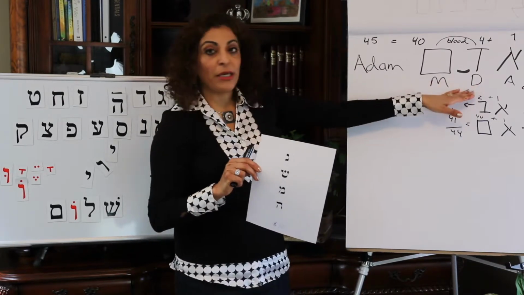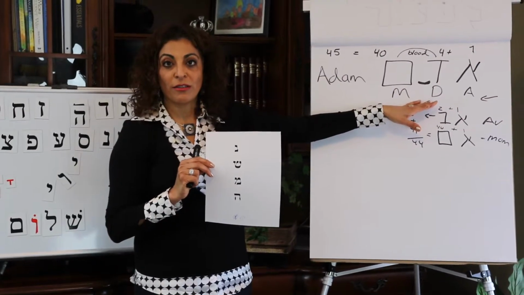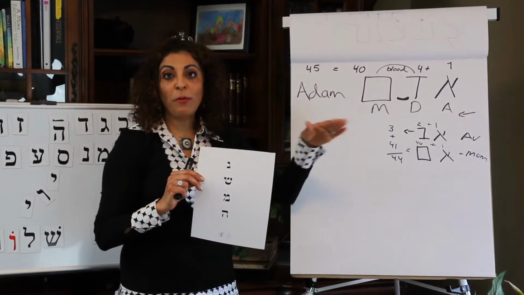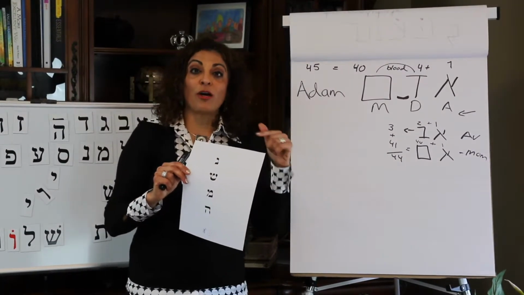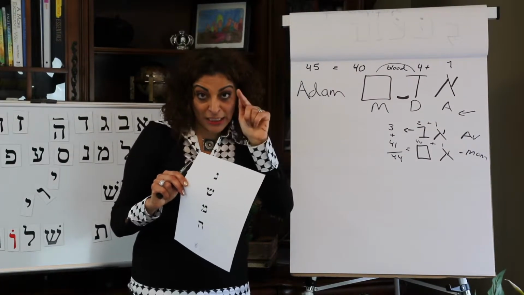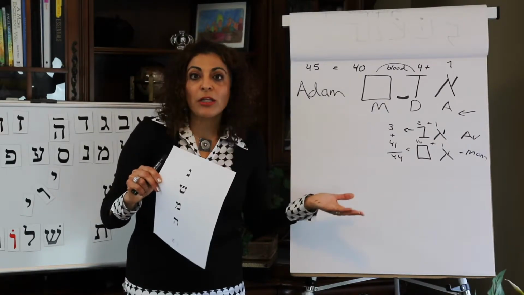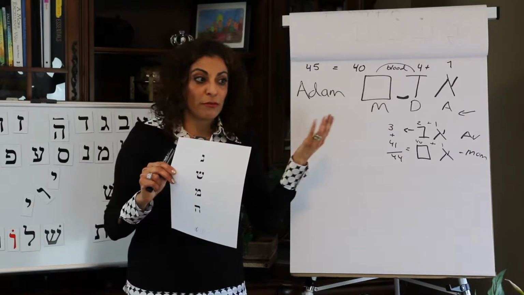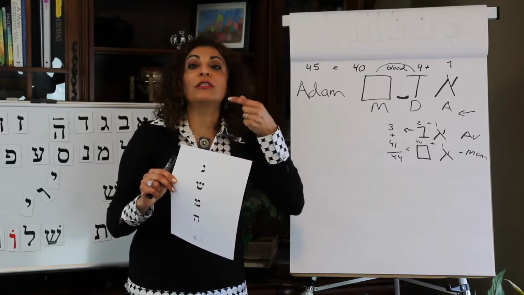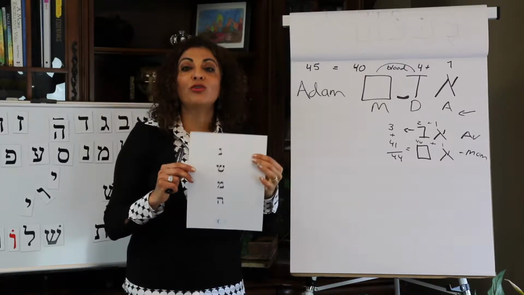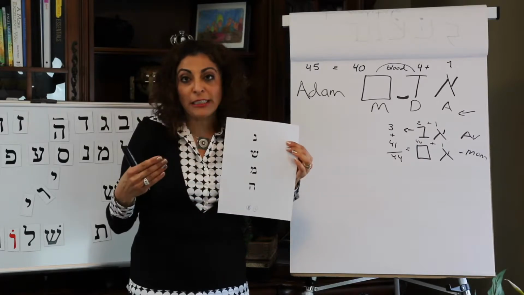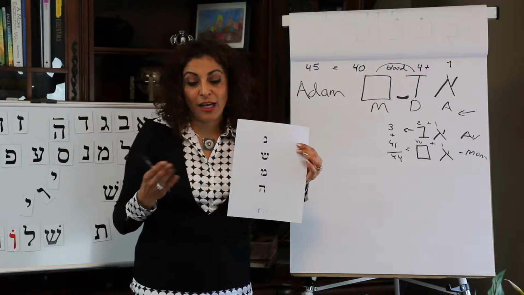Inside a human being, there's a soul. A human being cannot function without a soul. They can function without their body. You can be paralyzed, or you can be, God forbid, in an accident, but you can still exist. The minute your neshama, your soul, leaves your body, you can't exist.